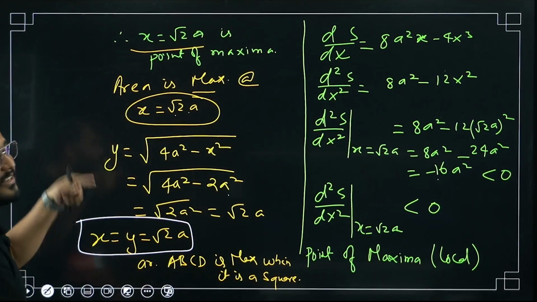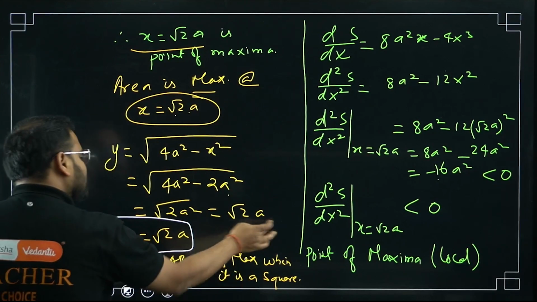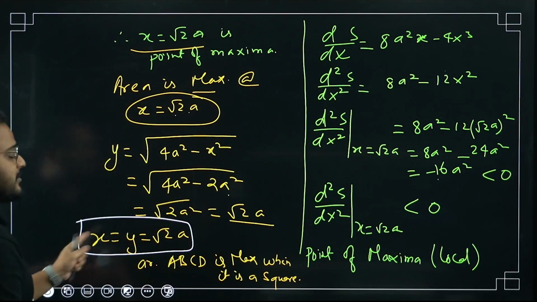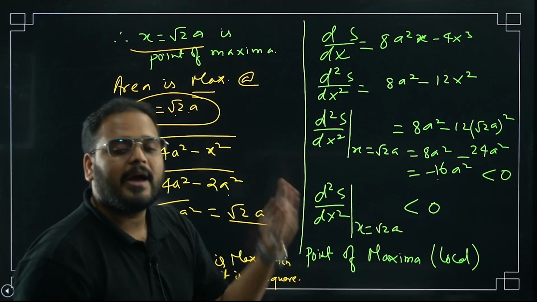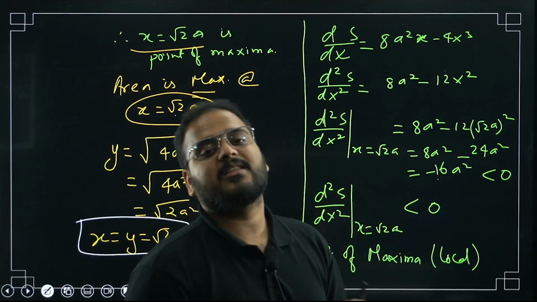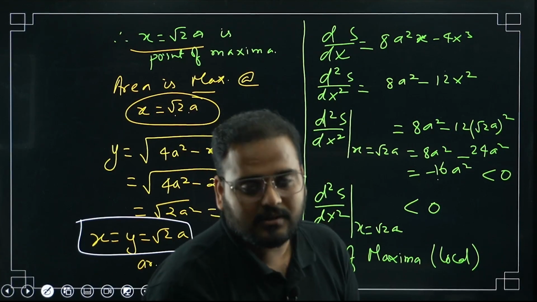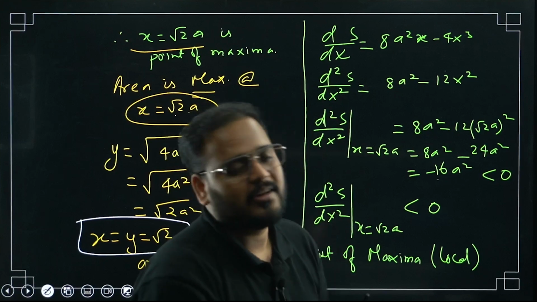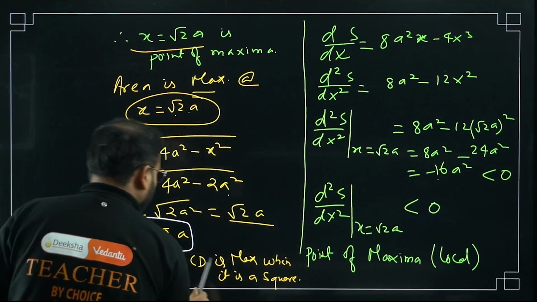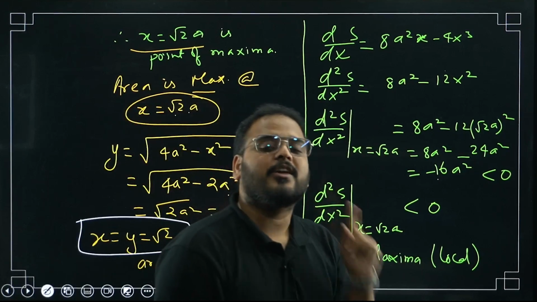I got the y value as the same thing, root 2a, which means x and y are the same, hence a square. Length and breadth are equal. So we have verified that in a given circle, if it inscribes a rectangle, the area will be maximum only when it is a square, when x and y are equal.